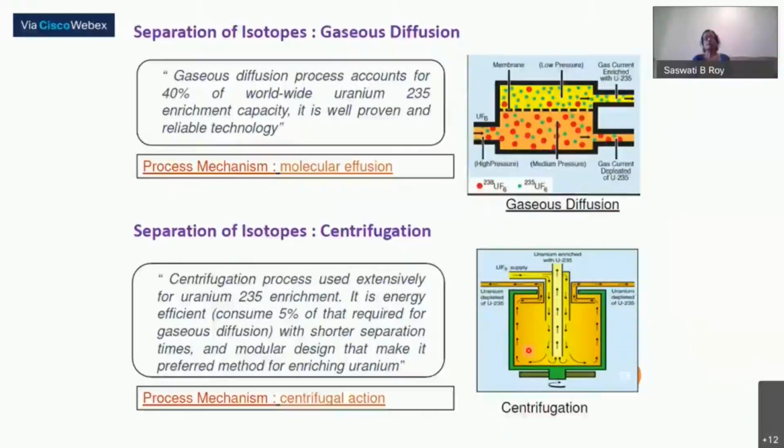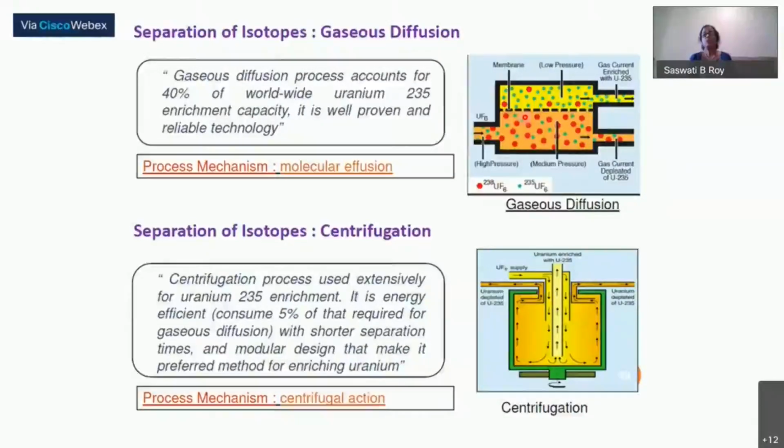The process mechanism is molecular diffusion. Here we have a membrane of particular specification, and we are putting UF6 gas here at high pressure, and inside it comes out at medium pressure. As you know, when the whole system is in thermal equilibrium, the kinetic energy for the whole system will be the same, but the lower molecular weight species will have higher speed.